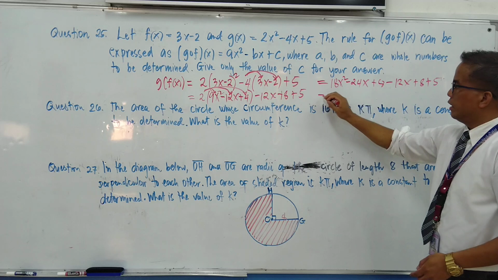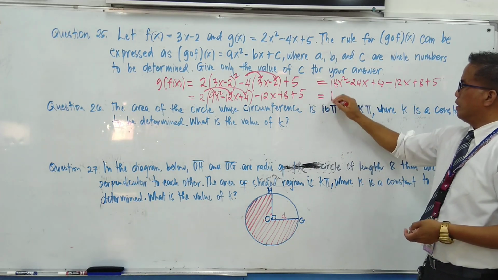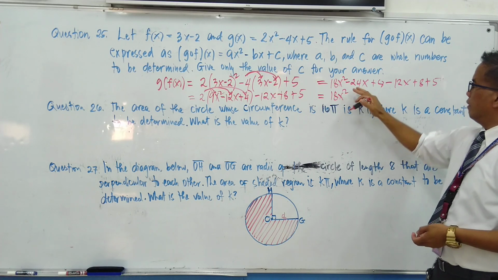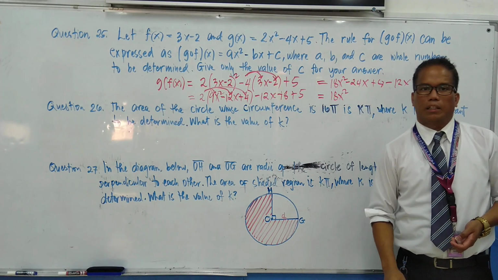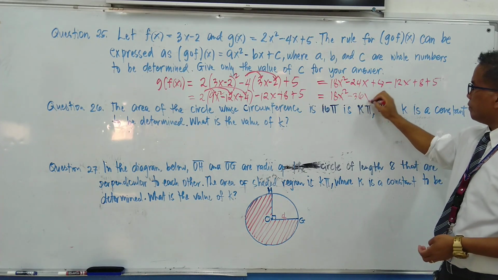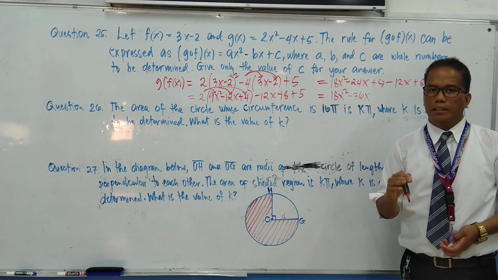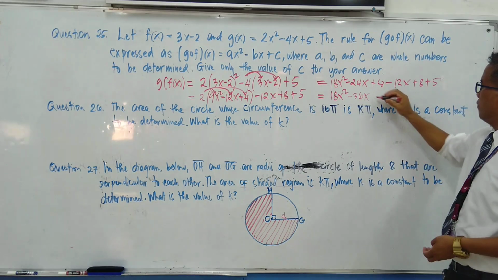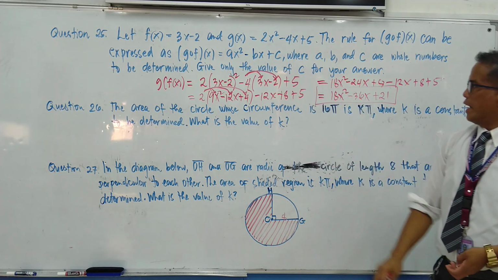So we will combine similar terms. What will you do to 18x squared? Just copy. Then minus 24x minus 12x becomes minus 36x. And then 8 plus 8 is 16. Then 16 plus 5 equals 21. So this is now the answer.